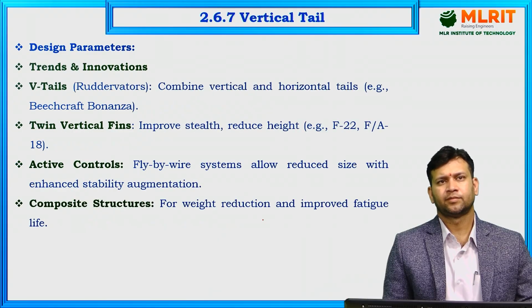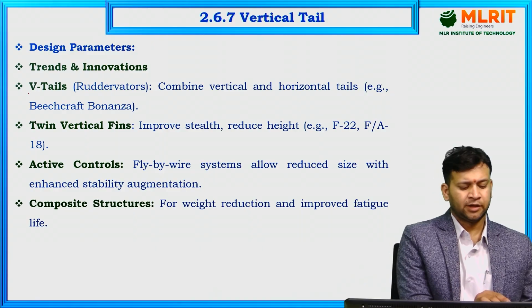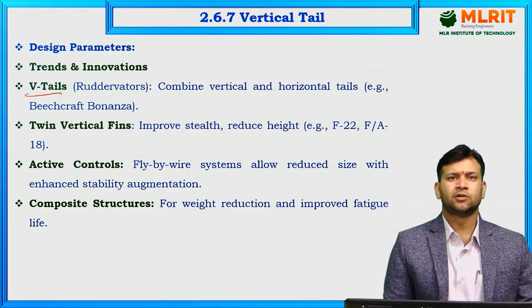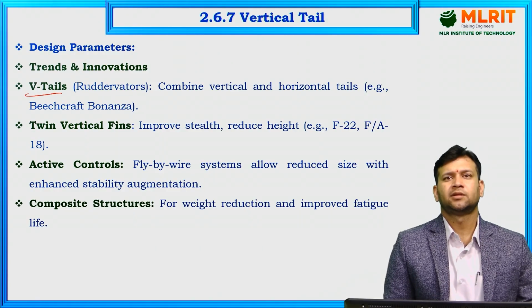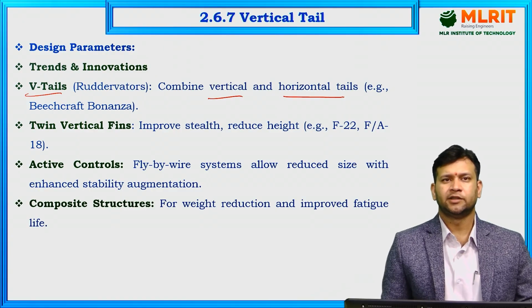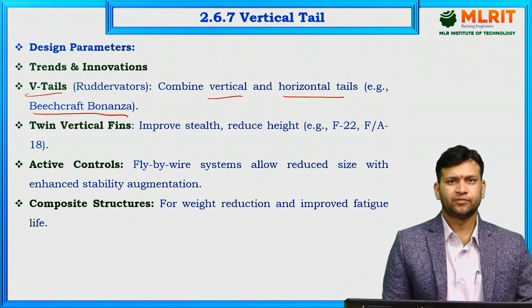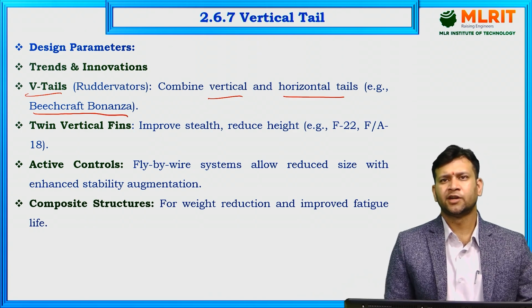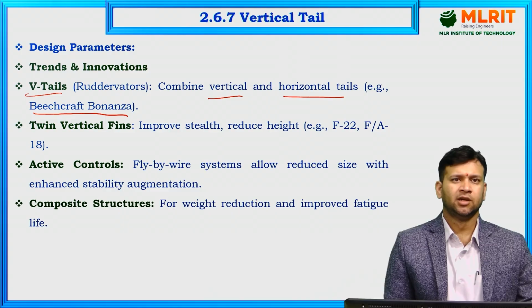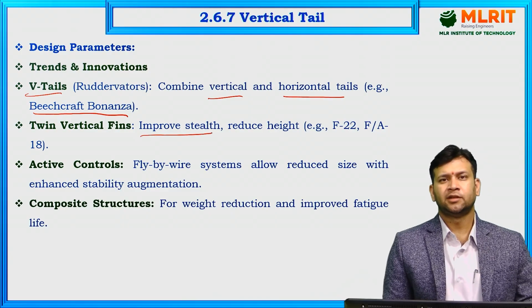The trends and innovations: there are V tails, which are also called ruddervators, which combine vertical and horizontal tails. Example, which we can see in Beechcraft Bonanza. The vertical and horizontal tails are combined in this case. Twin vertical fins, which improve stealth nature.